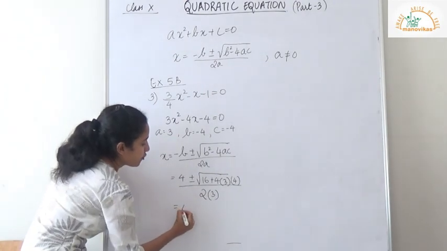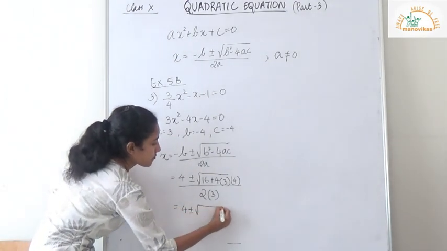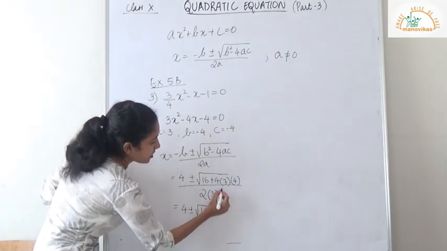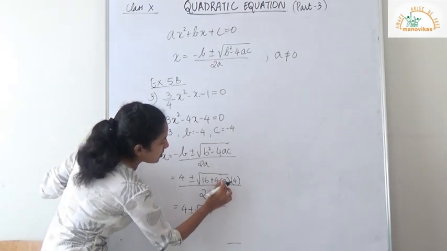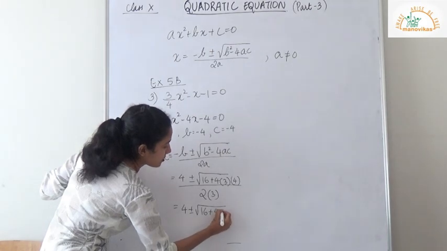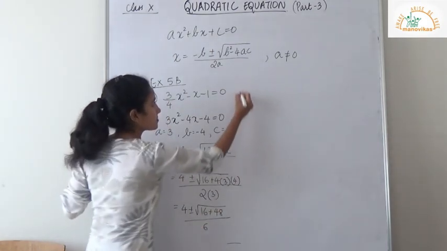So this will be 4 plus or minus square root of 16 plus, this is 12 into 4 is 48, divided by 6.